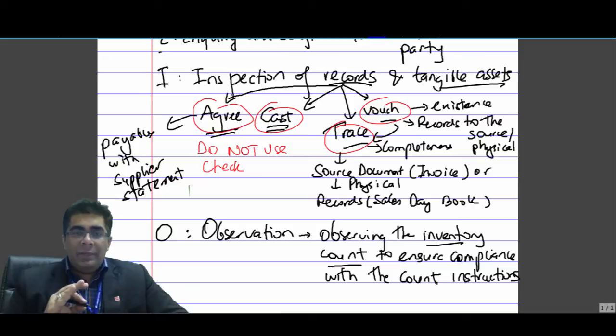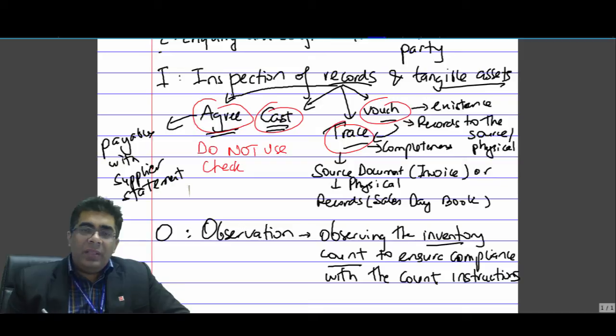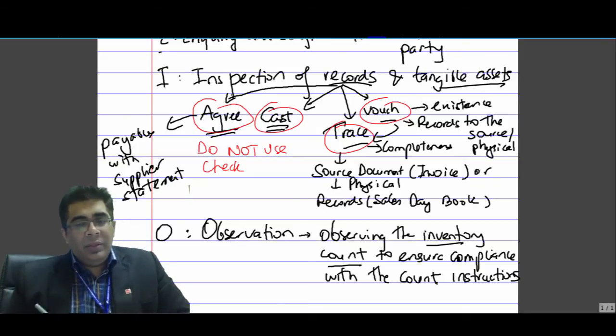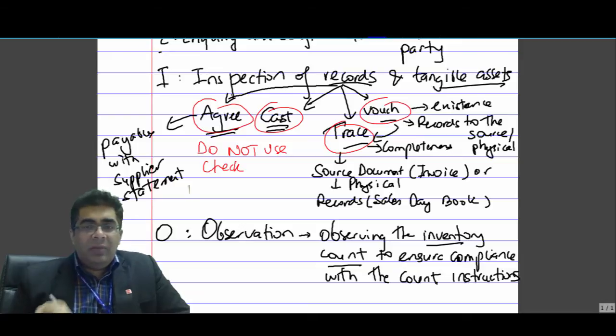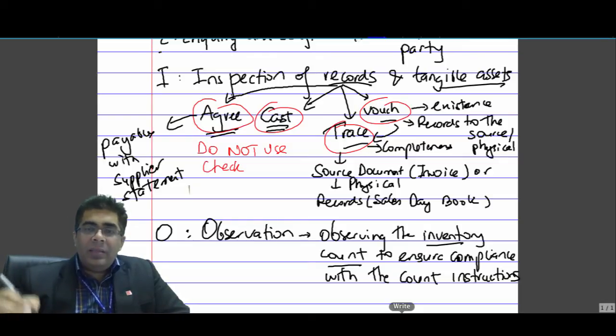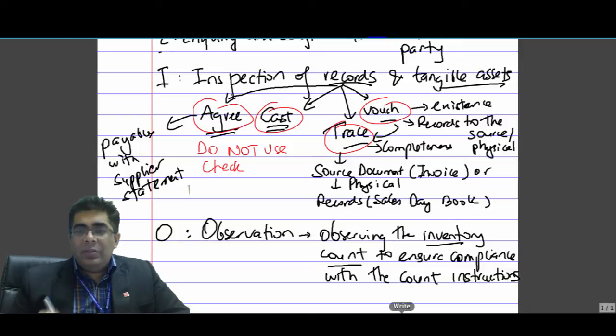Please remember, a lot of students think that when an auditor goes to an inventory count, he's actually counting. The auditor is not counting. The auditor is just observing whether the inventory count has gone according to the count instructions. The one who's counting is the client. The client has their counter, their checker, their reviewer. So we are not the ones counting. We are just attending to ensure that they have followed the instructions.